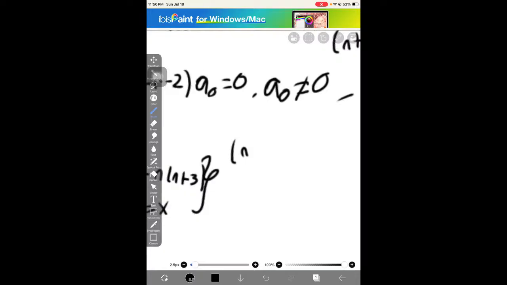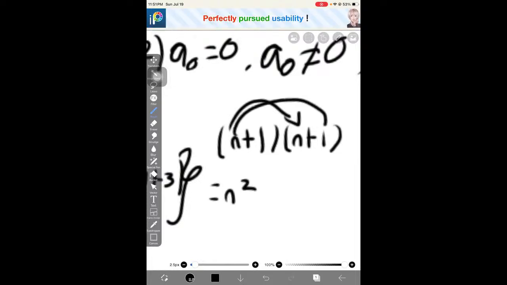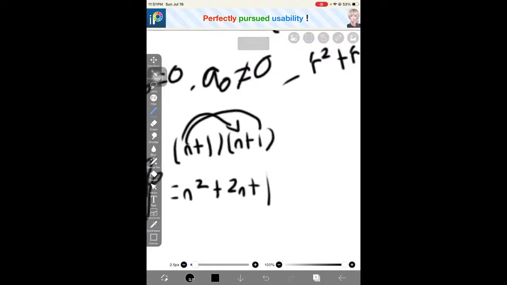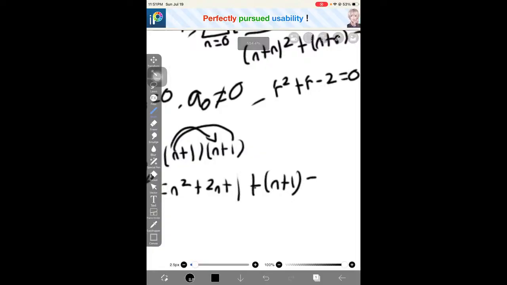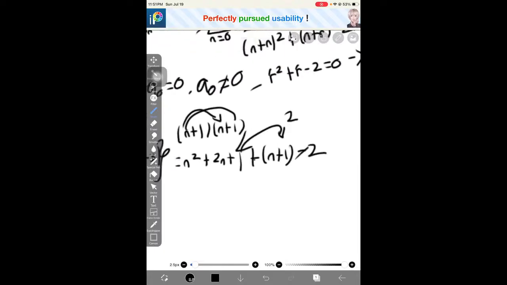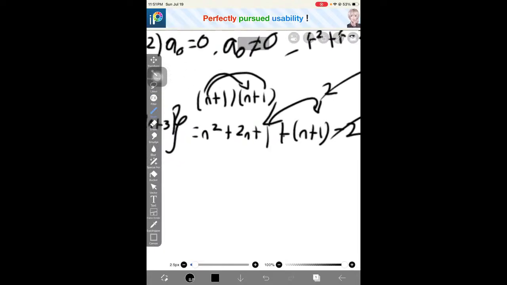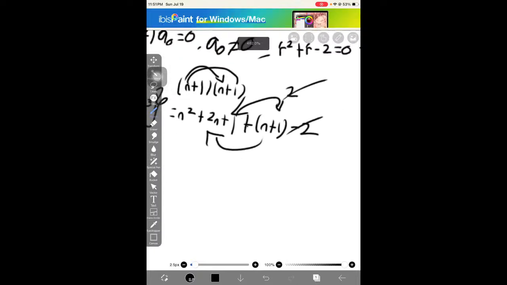So we have n plus 1 squared, n squared plus 2n plus 1, and then plus n plus 1 minus 2. 1 plus 1, 2, cancels out with the minus 2, plus, so that's 3n.